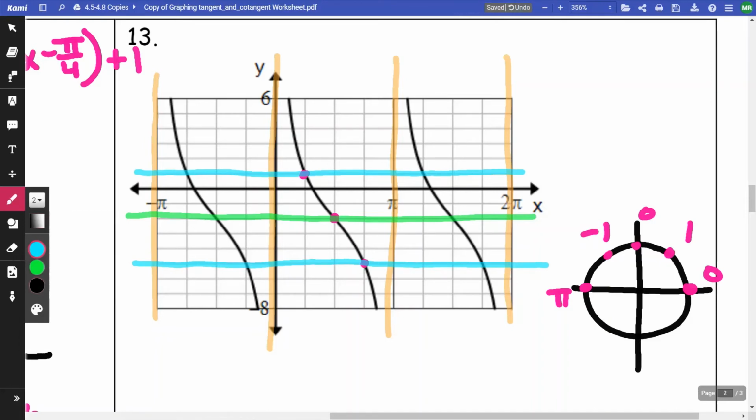So my equation for this, y is going to equal, well, my cotangent should have started at my 1, actually it did start at my 1, so it is a cotangent, not going to be negative. And my amplitude has changed, it's a 3. My period has not changed, so it's going to be cotangent. I haven't shifted it horizontally, but I did shift it down 2, so -2. And that's going to be our equation.